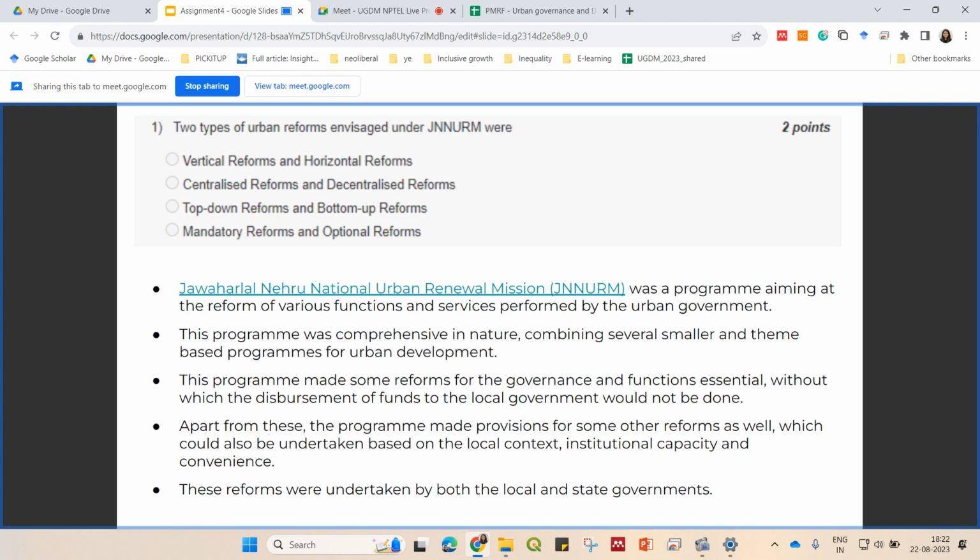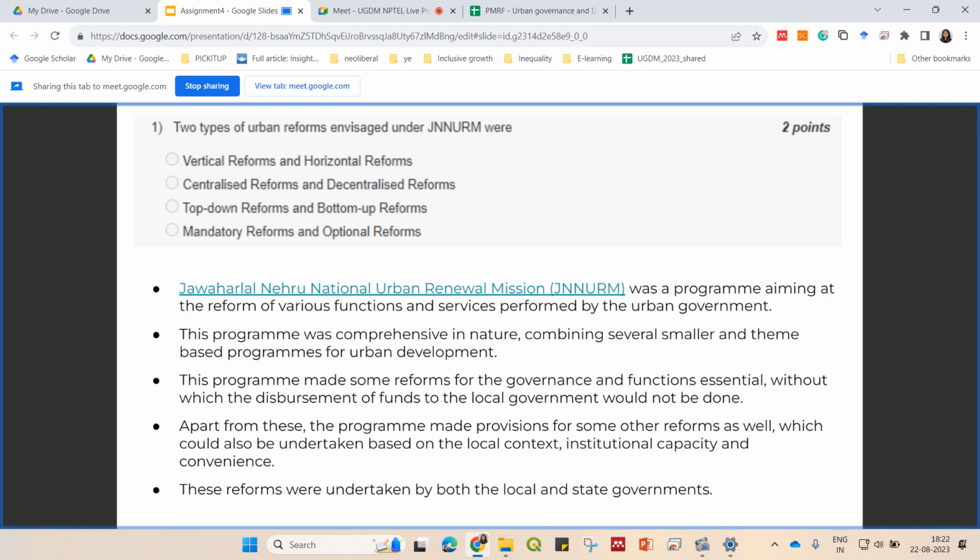So this was considered a controlling or regulating mechanism by which this program tried to ensure that the mandatory governance functions which it wanted the urban local body to perform would be performed by them. Otherwise, the funds wouldn't be disbursed.